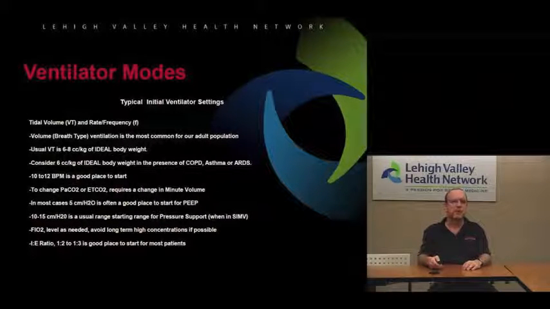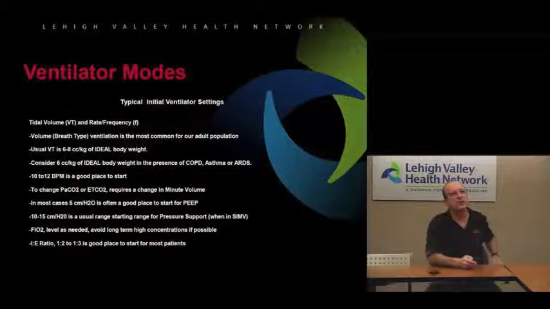Your ventilator modes, a little bit more to add on to this, and it'll help lead into some of our strategies when we have to make changes. The more typical settings that we would use: we have to set our tidal volume and our rate, which is basically the frequency per minute.